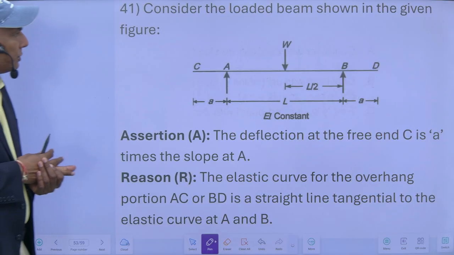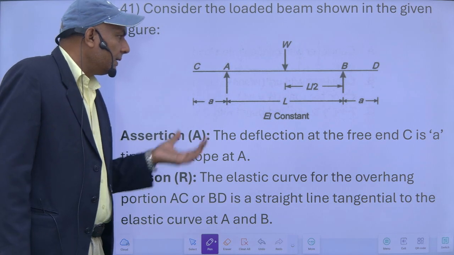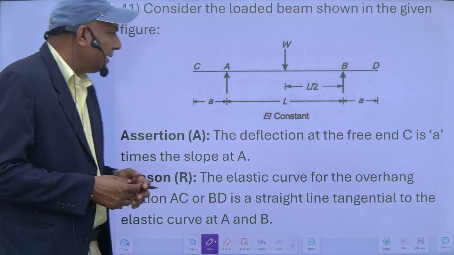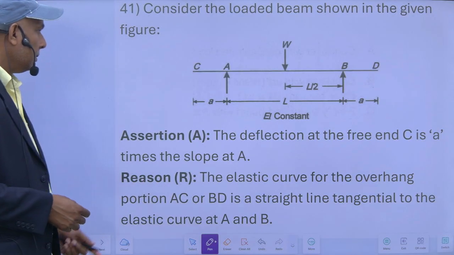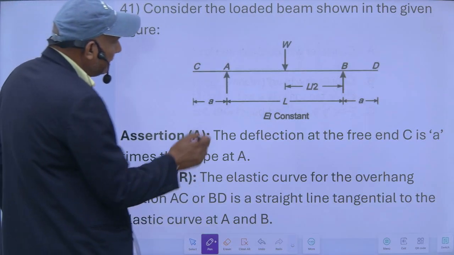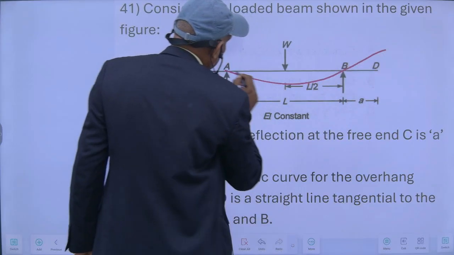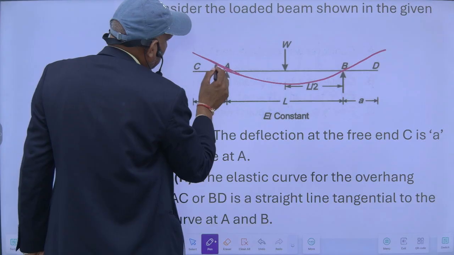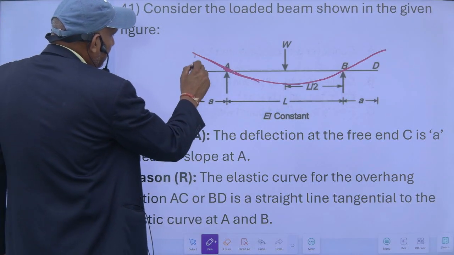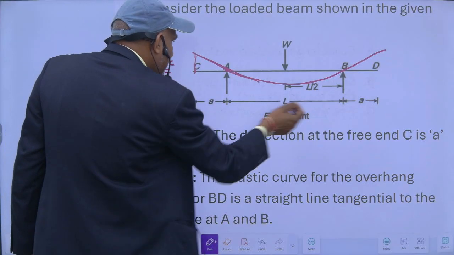Consider the loaded beam shown in the given figure. This is a simply supported beam with overhang at both ends. Assertion: the deflection at the free end C is a times the slope at A. So it will deflect like this. My deflection at this point, suppose this is delta C, is equal to the slope at the free end.